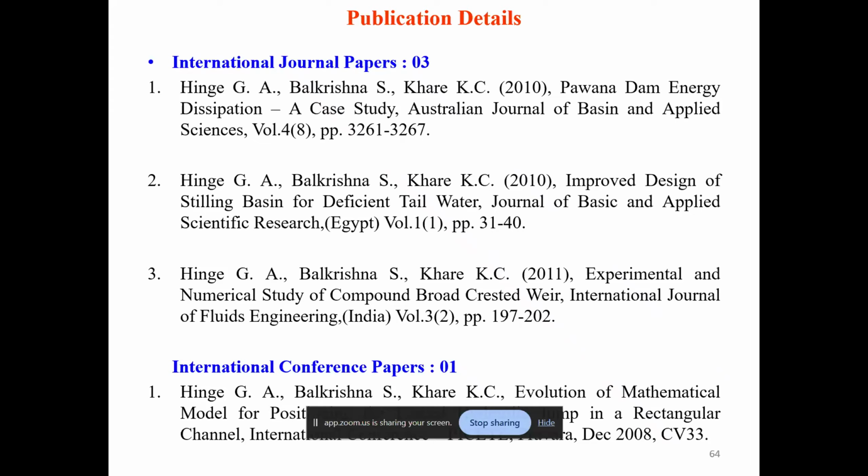In days to come, people will go with more and more AI models, and the models are themselves upgrading. In days to come, we may reduce the efforts required in physical model studies.